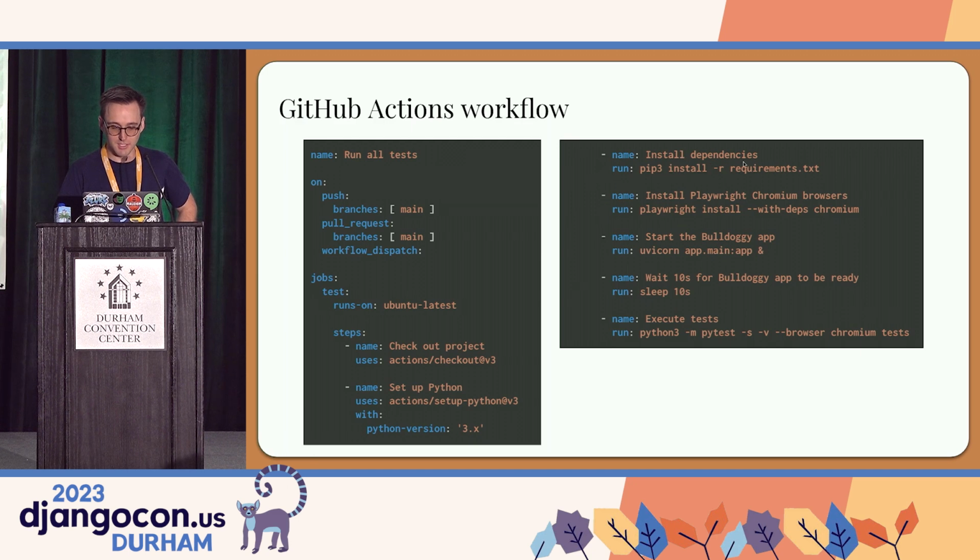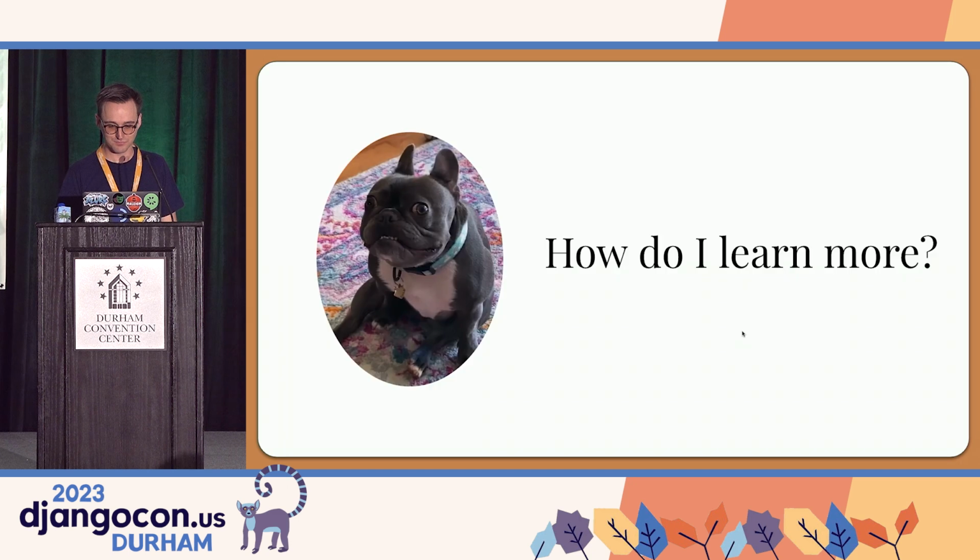I install my Bulldoggy dependencies. I install the Playwright dependencies. If you're doing this for realsies, you probably want to pre-build an image, but just roll with this here. You start the Bulldoggy app, you wait for that to get up, and then you execute your Python tests. Like, boom, like amazing, right? And this could include Playwright tests as well as API tests as well as all that.